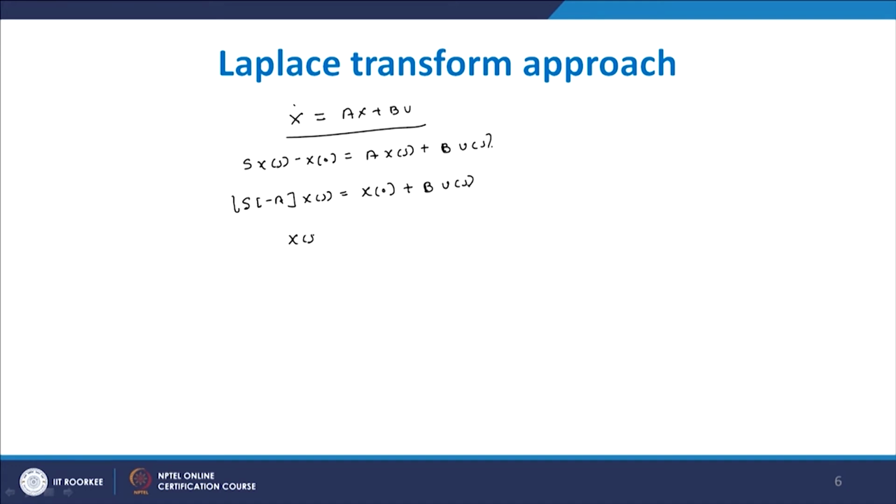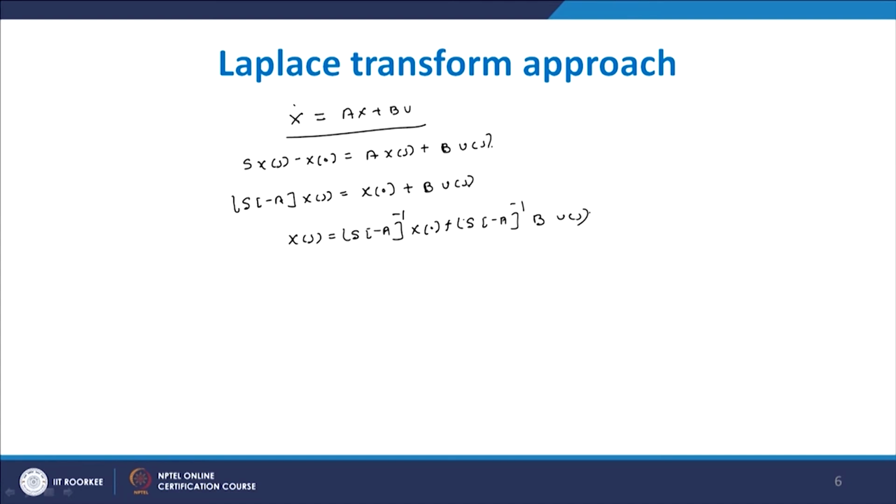Now, this x of s equal to (sI minus A) inverse x naught plus (sI minus A) inverse b into u of s.